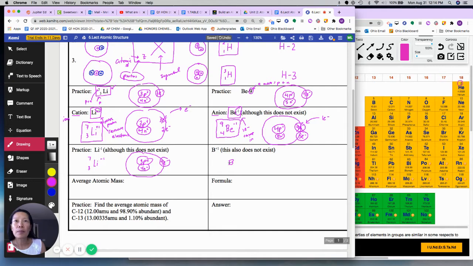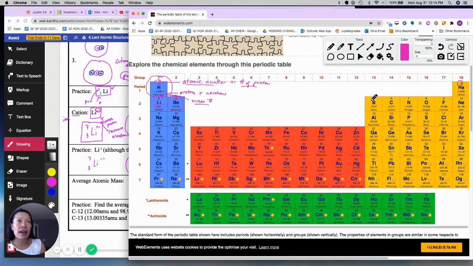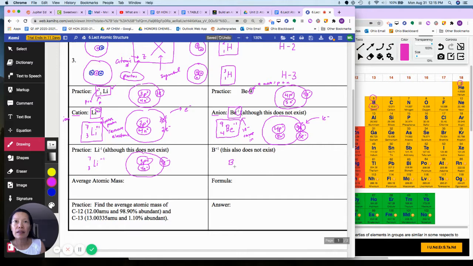Okay, the boron I had to look up right here. It has 5 protons and the mass is 11. So you round that number to 11. So we're going to write 11 here and 5 down here. The charge is +1. Therefore, I'm going to write 5 protons, 6 neutrons, adding up to 11.